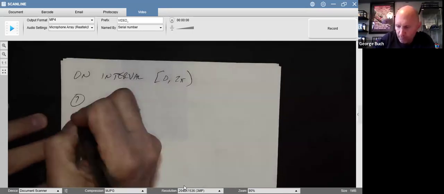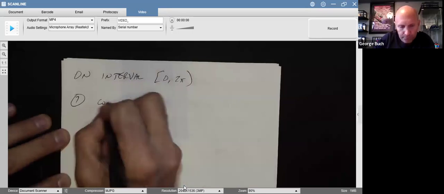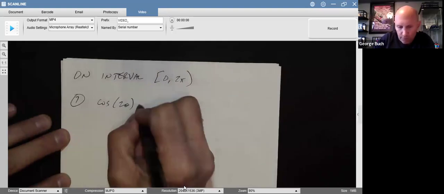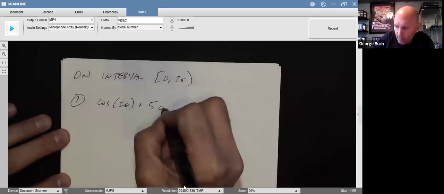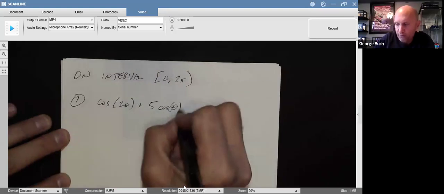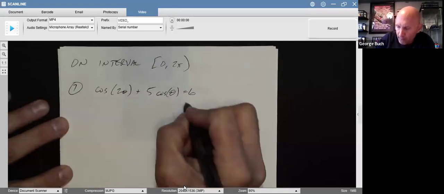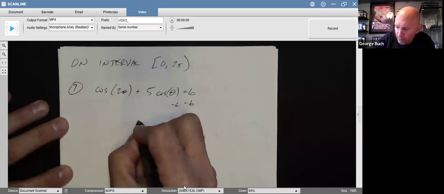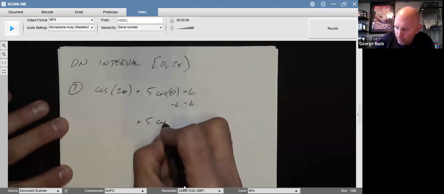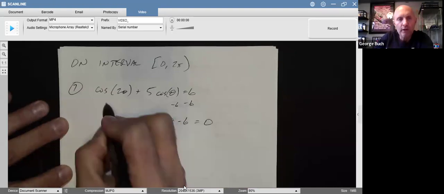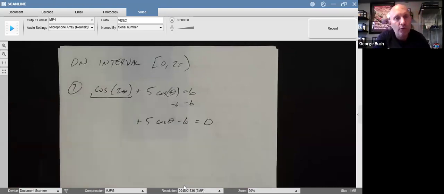So number 7, we had cosine of 2 theta plus 5 cosine of theta equals 6. So subtract 6 from both sides. So I have cosine of 2 theta plus 5 cosine of theta minus 6 equals 0. And now here, I'm going to use my double angle formula.